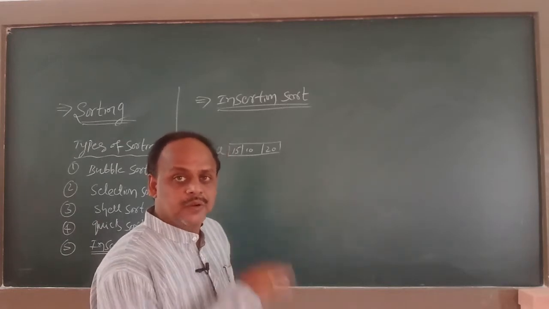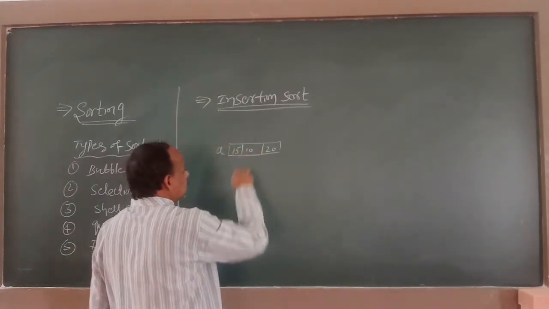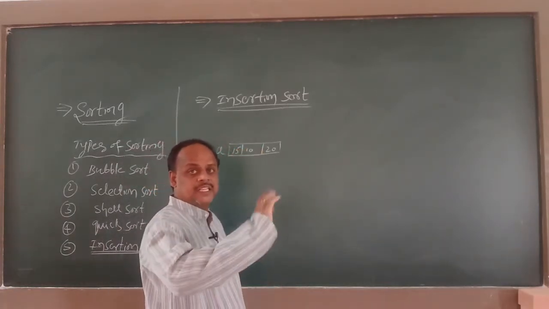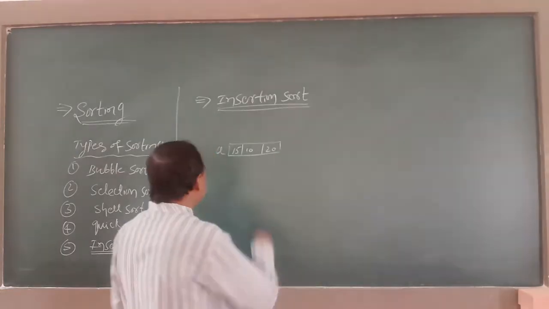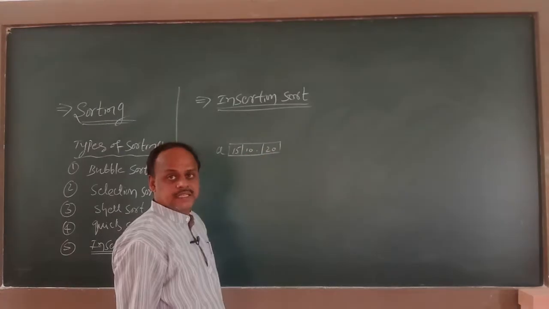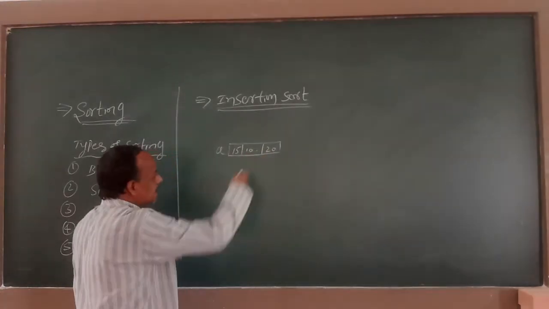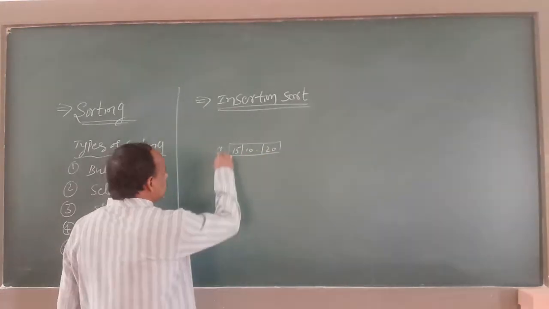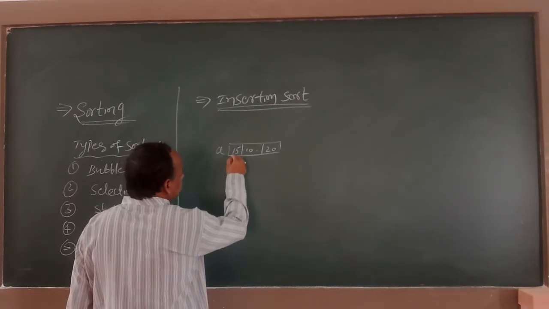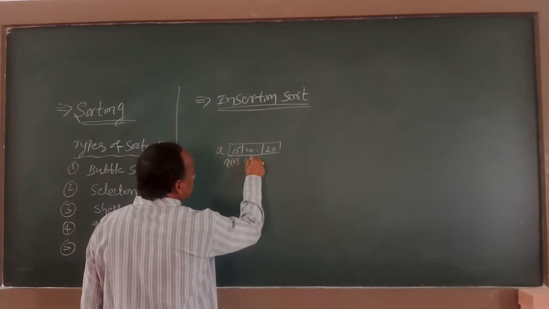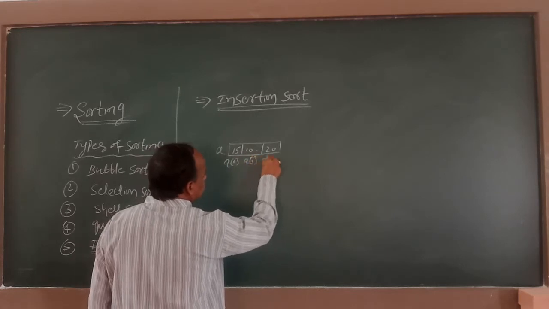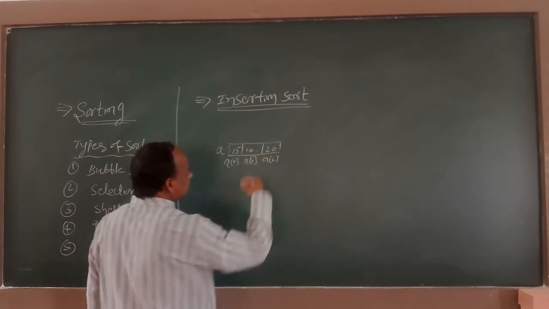That's why we consider an unsorted array, where elements are not in order. So let us consider an array with 3 elements. This is array A, its first subscript is a of 0, second is a of 1, third is a of 2.